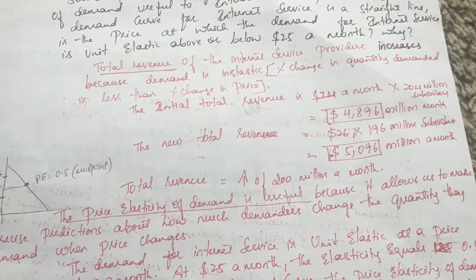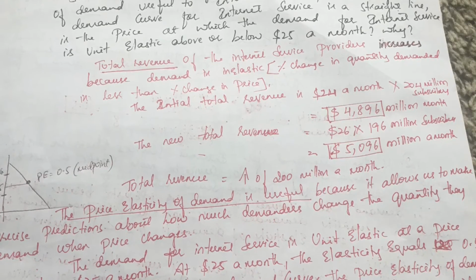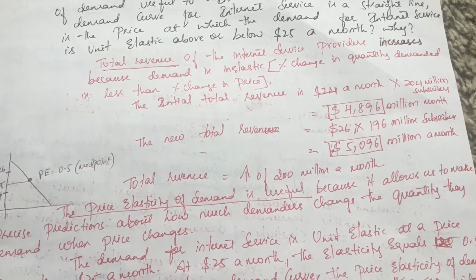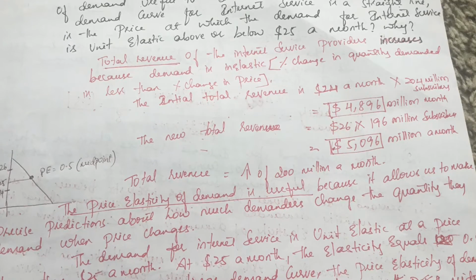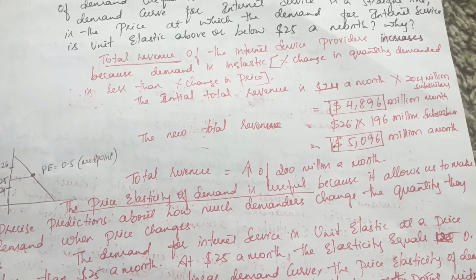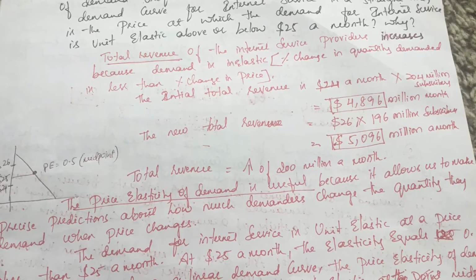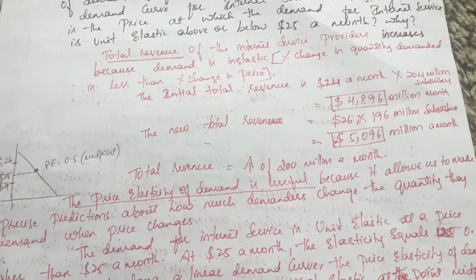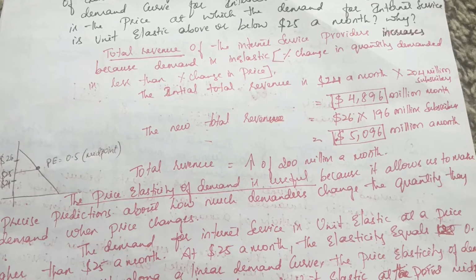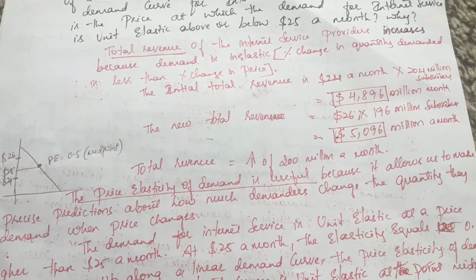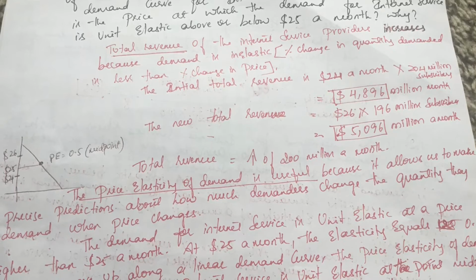Total revenue of the internet service providers increases because the demand is inelastic. We have already seen in the previous question, the percentage change in quantity demanded is less than the percentage change in price. The initial total revenue is $24 a month times 204 million subscribers.